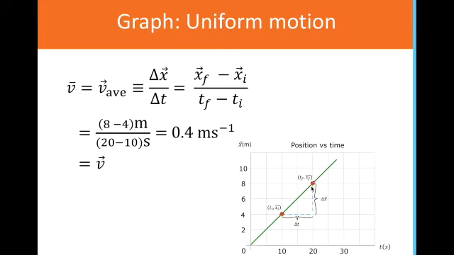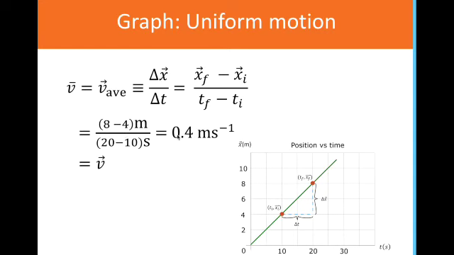And from the graph, when you read off, the final position is plus 8 meters, but I didn't write it explicitly there because it's position and a vector. And the initial position was plus 4 meters from our 0, the reference point. So it's 8 minus 4 meters over 20 minus 10 seconds, because the final time is 20 and the initial is 10.